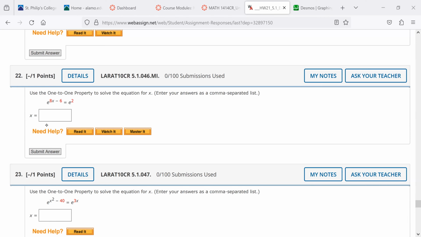So here we have matching bases. The base is about 2 point whatever. So since they match, what do we do? Yeah, same thing.